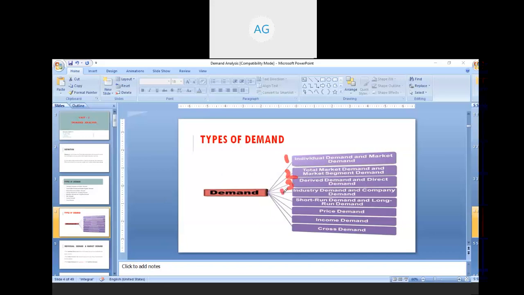Fourth is industry demand and company demand. Fifth is short run demand and long run demand. Sixth is price demand, seventh is income demand, and eighth is cross demand. These are the major categories of demand. Let us discuss each of these one by one. Moving to the next slide.